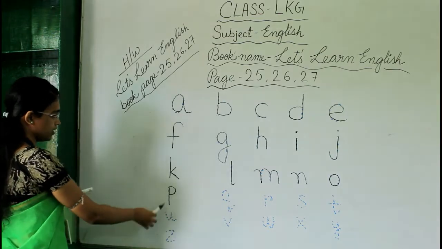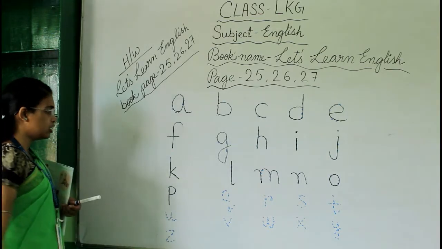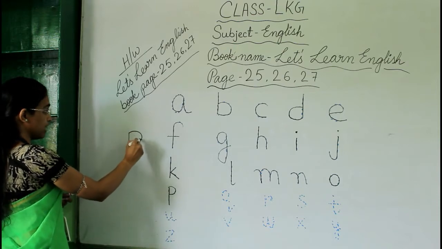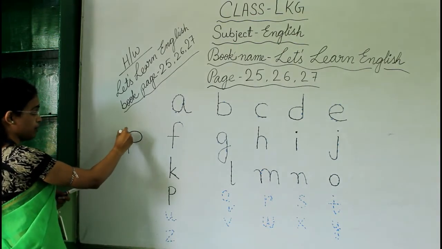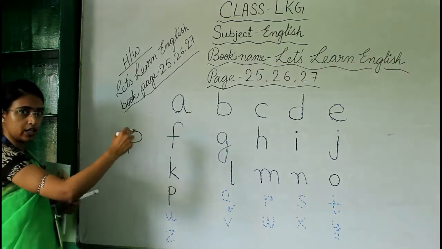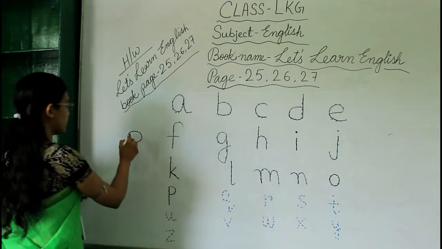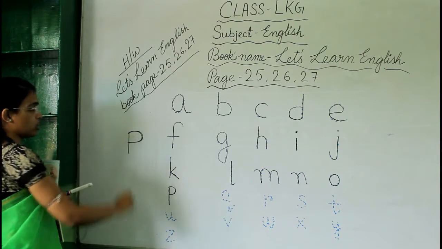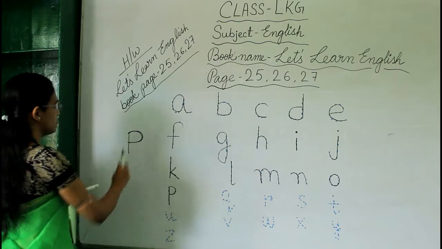Okay, when you are writing small letter P, first you have to draw a straight line, then you have to draw a curved line upward. Okay, so you have to draw a curved line here. But you have to draw the curved line on which side? Yes, on the right hand side.